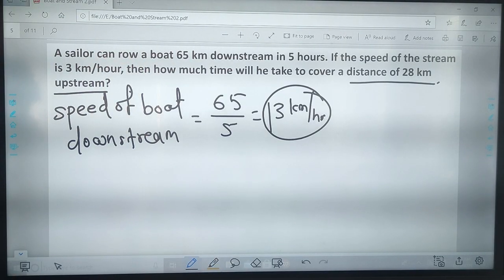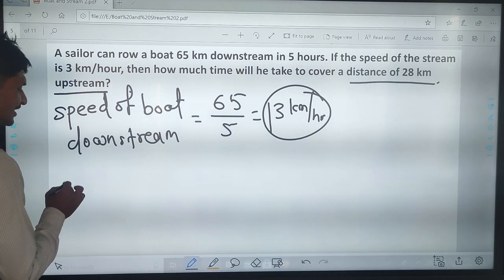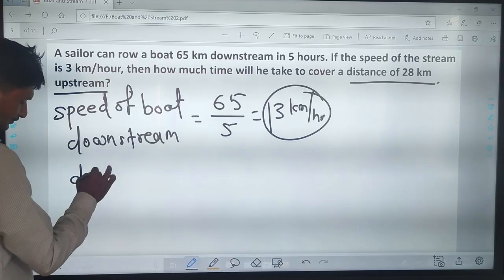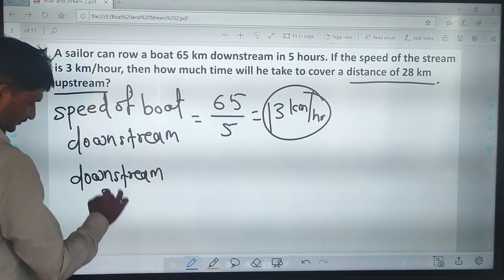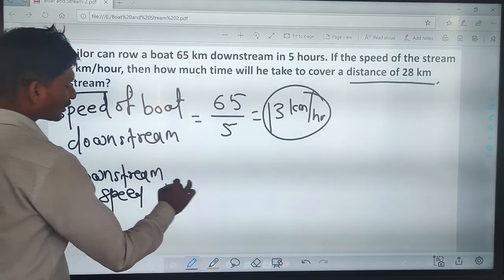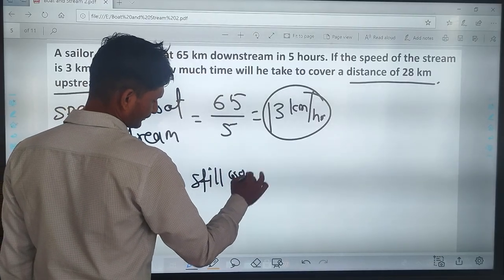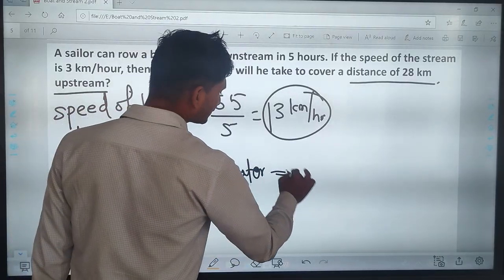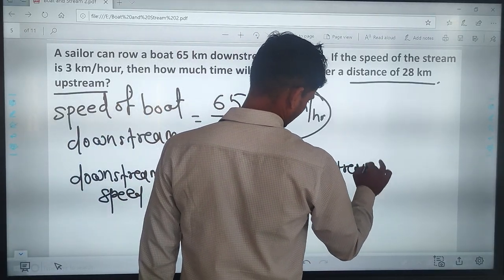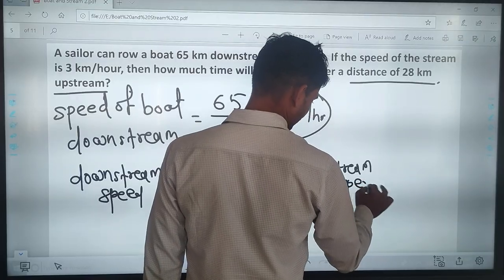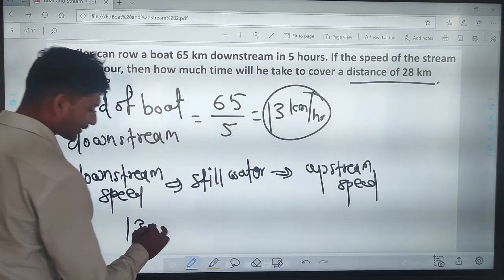Then how much time will be taken to cover the distance of 28 km upstream? Here we find the upstream speed. The downstream speed is 13 km per hour.